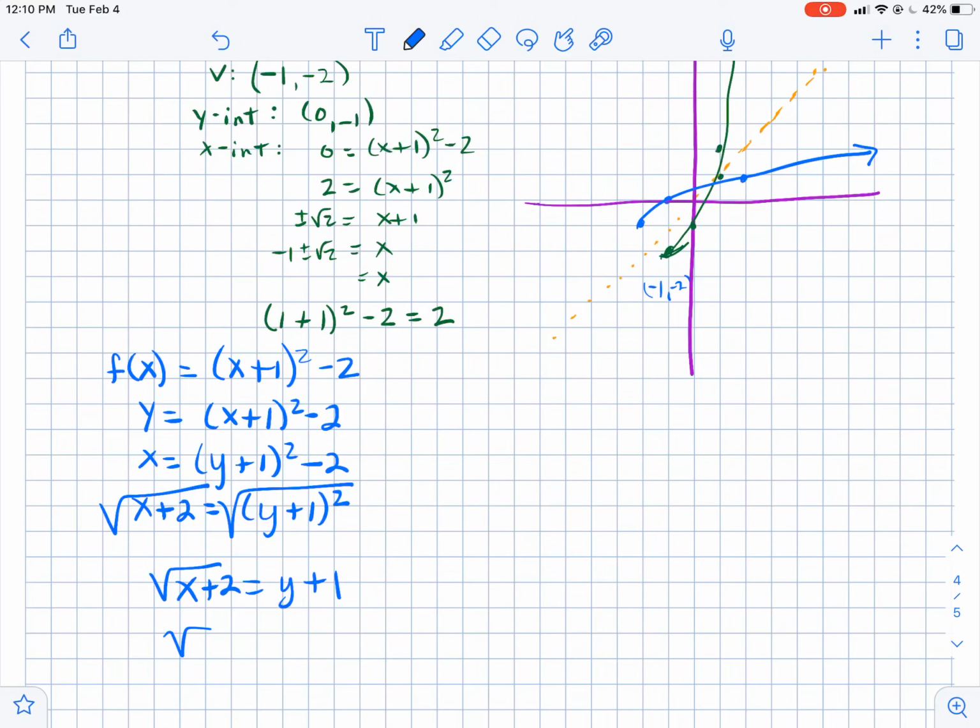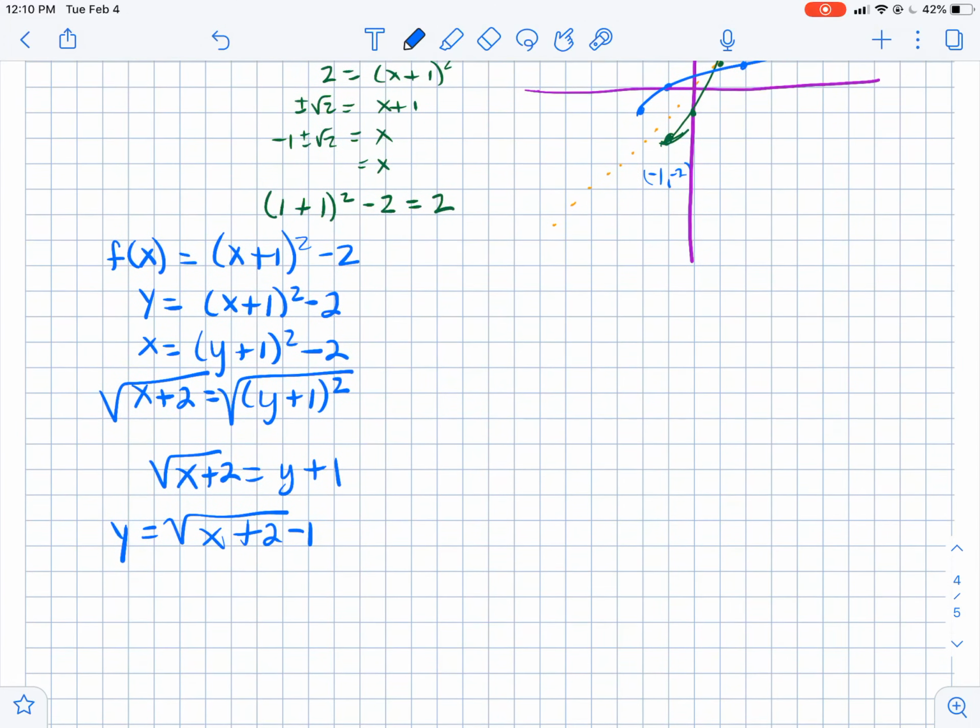Move the 1 over. Minus 1. Whoops, why did I put an equal there? Minus 1. And again, that's equal to y. So f inverse of x equals the square root of x plus 2, minus 1.